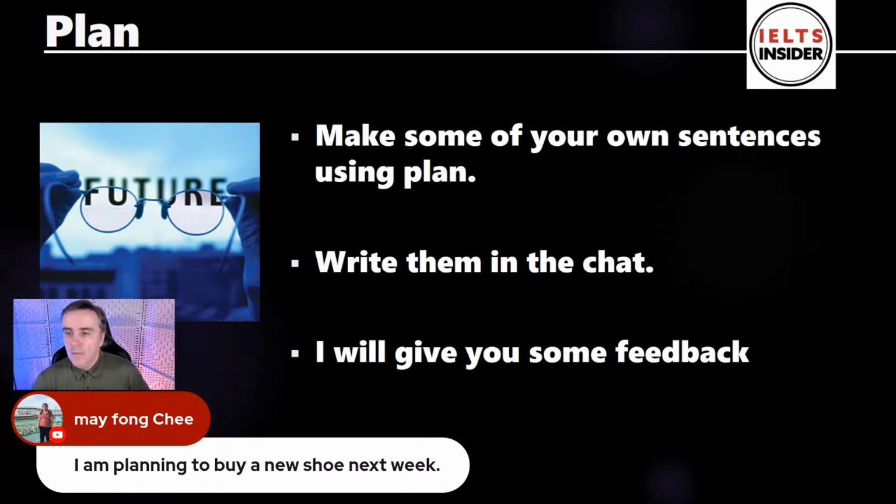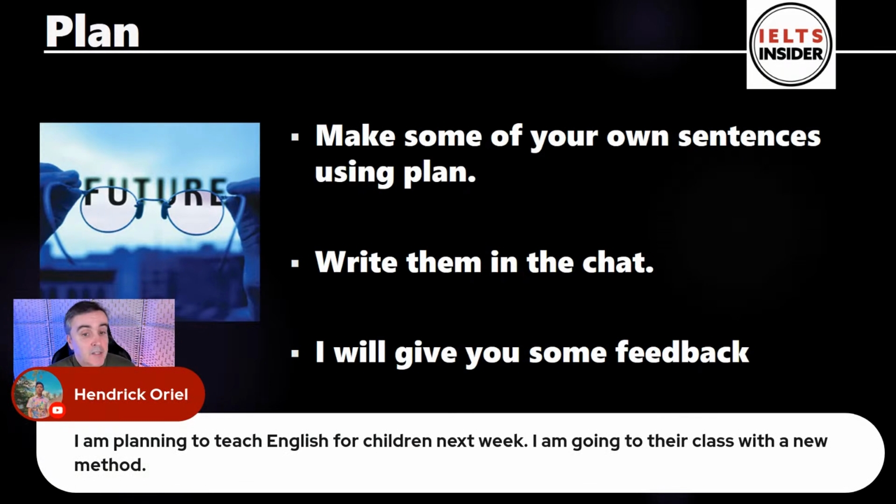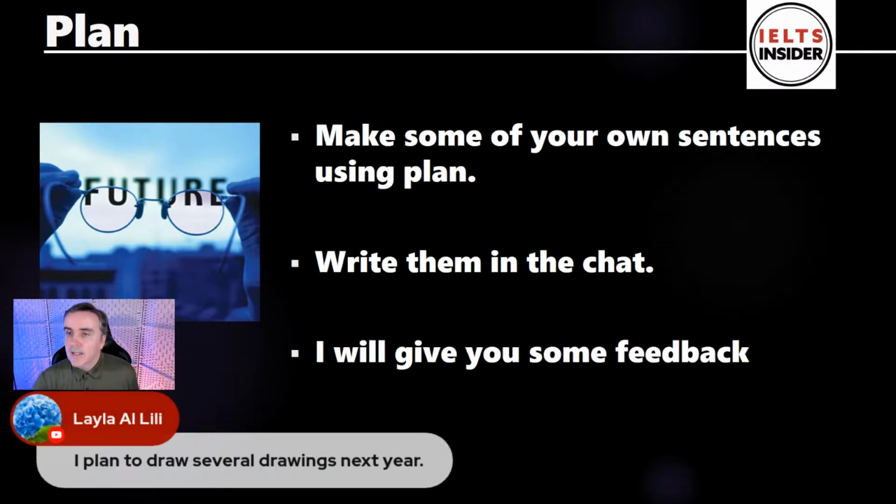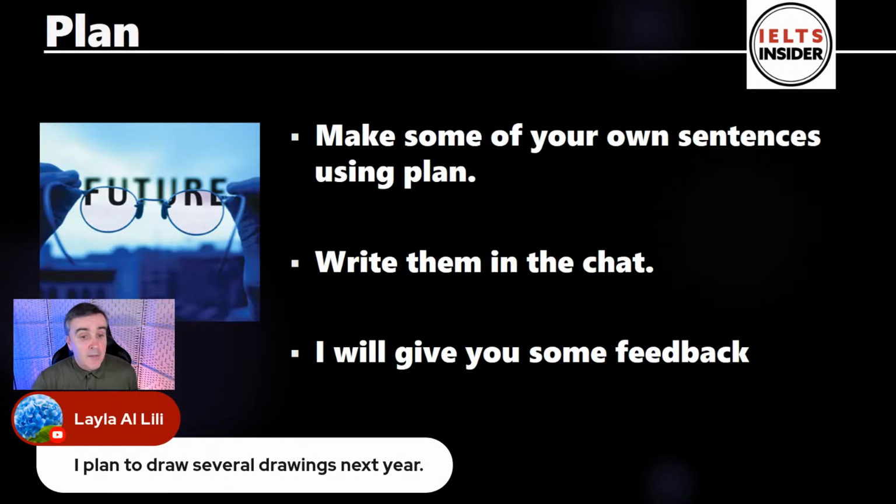Get rid of a. I am planning to teach English, and we need to change this preposition, English, to children next week. I am going to their class with a new method. Excellent. So change this part here. Everything else is perfect.